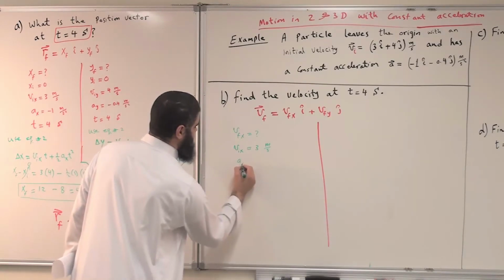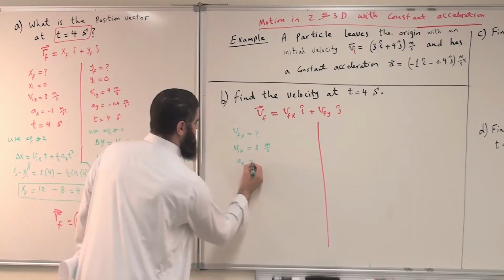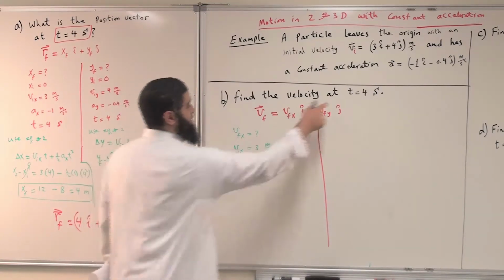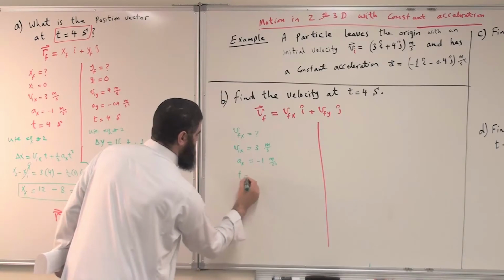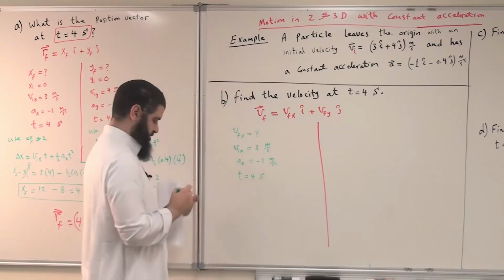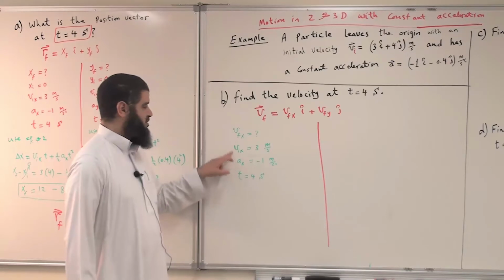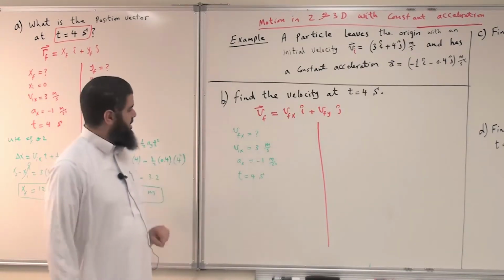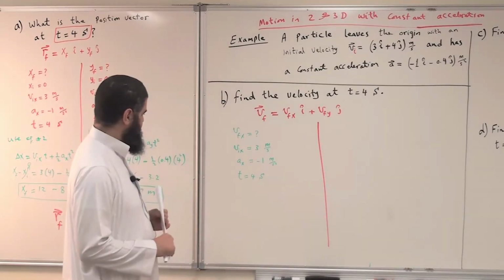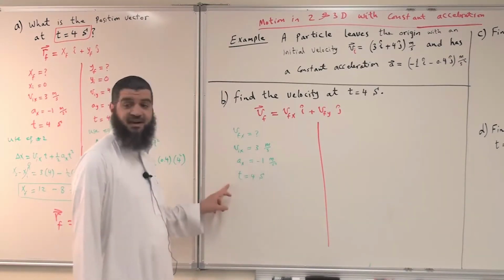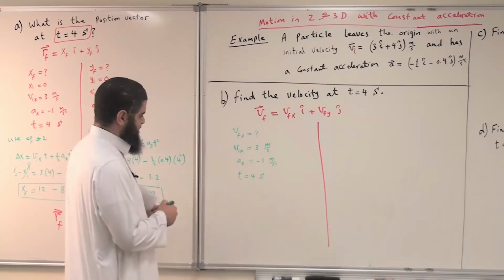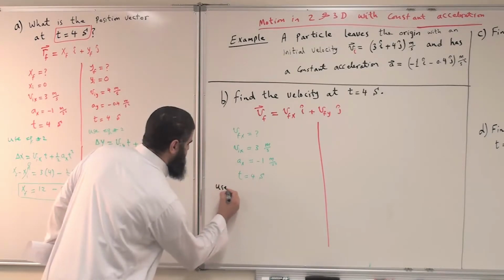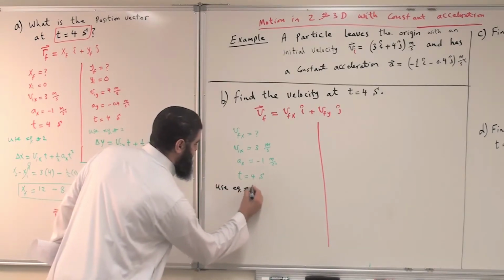I know the acceleration in the x direction, which is minus 1 meter per second squared, and the time is given. Okay, so the time is 4 seconds. You notice that I have 1, 2, 3 known quantities, and the fourth quantity is unknown. So which equation should I use here? I should use the equation which doesn't have displacement. So this will be equation number 1. So use equation number 1.